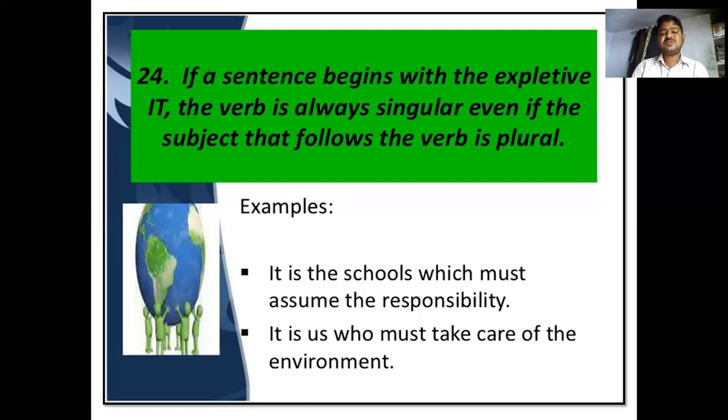It is the responsibility of the schools. When we begin with the subject it, it may be followed by a plural form, but it always takes a singular concord. It is us who must take care of the environment.